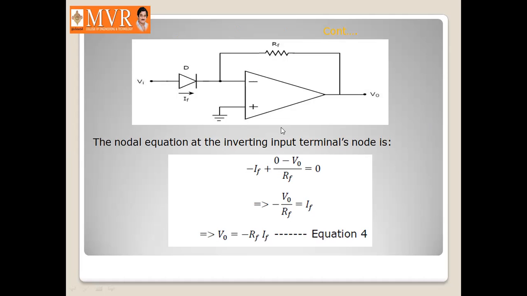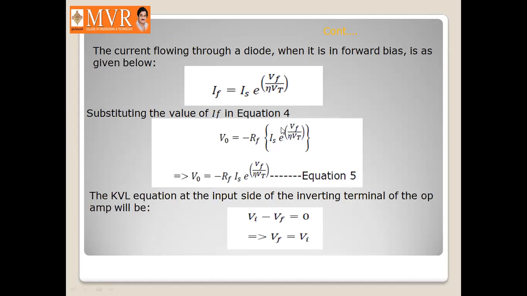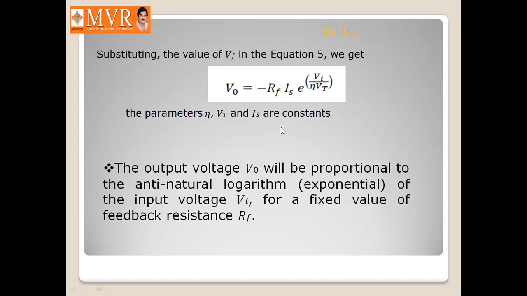and from the diode current equation, as the diode is forward biased, we are going to obtain the output voltage. Here you can see the output voltage, which is proportional to e to the power of Vi, which is the anti-logarithmic value of the input signal, as RF and eta Vt are constant values.